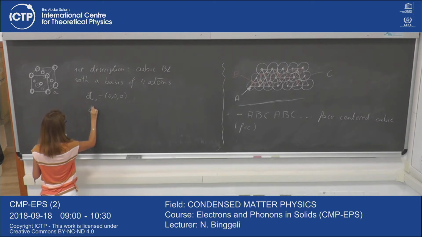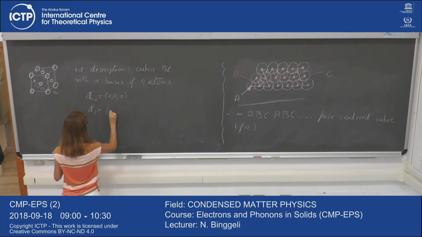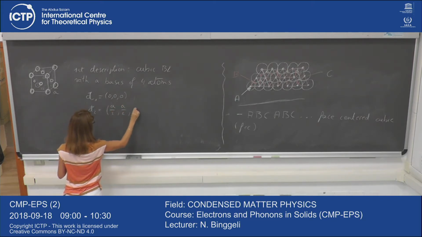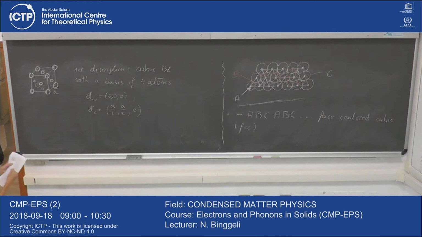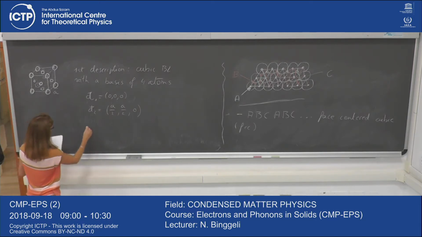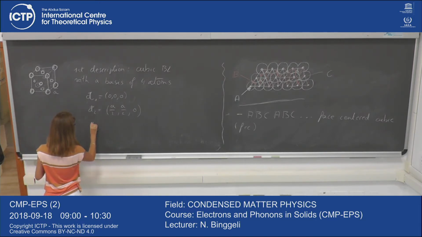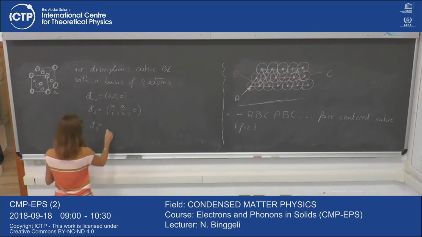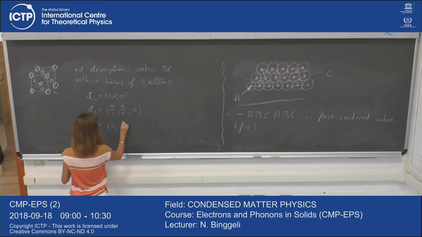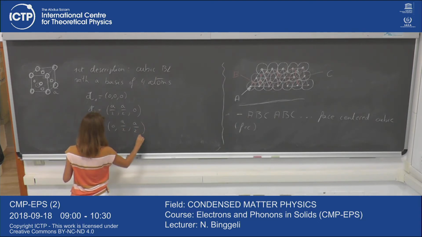The second atom, d2, is at a/2, a/2, 0. So d2 is the atom number 2 here. And the atom number 3 would be 0, a/2, a/2.